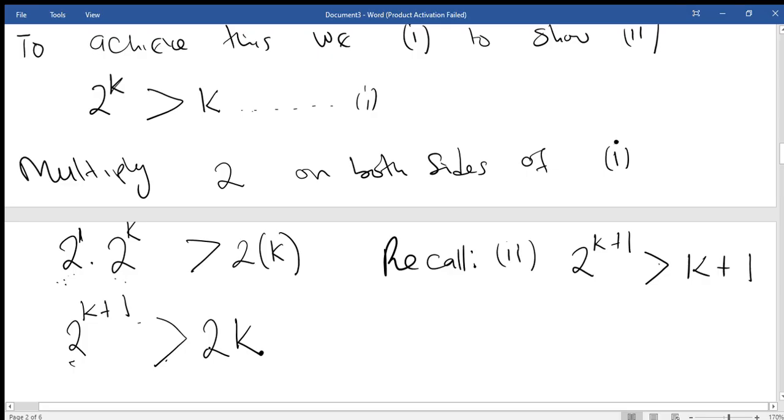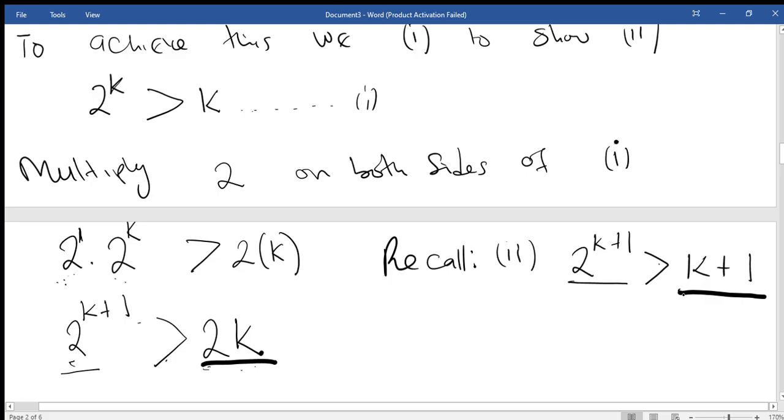Here we have 2 power k plus 1 greater than k plus 1, and here we have 2 power k plus 1 greater than 2k. So our comparison now needs to be between this 2k and this k plus 1. The left hand side is obviously the same thing, which is okay, but the contradiction is on the right hand side. So the question is, which is bigger, 2k or k plus 1?